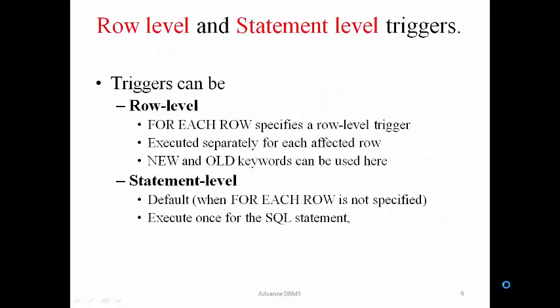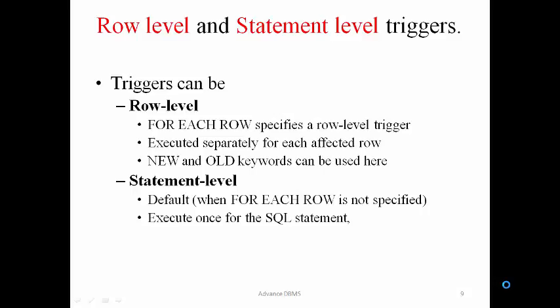There are two ways you can execute triggers: row-level triggers and statement-level triggers. In the trigger, if you want to specify row level, then you have to use the keyword FOR EACH ROW. So FOR EACH ROW specifies a row-level trigger. It executes separately when the event is executed or affects each row.